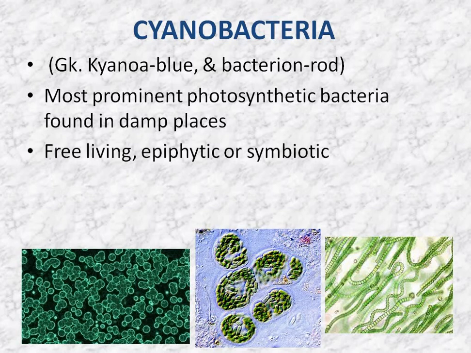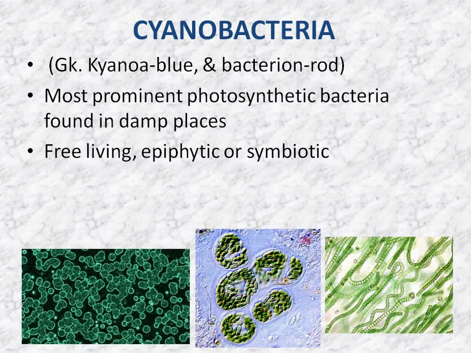They are free-living. Some of them are free-living, some are epiphytes, and some are symbionts. Epiphytes are those organisms that live on trees or on the organs of different plants, maybe on the leaves, stem, etc. They are not dangerous or harmful to the plants on which they are growing.